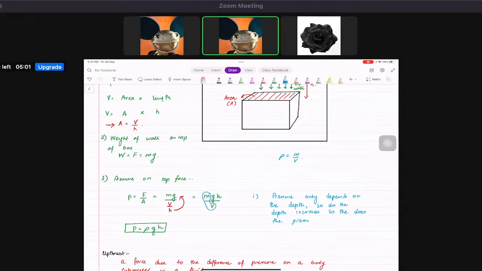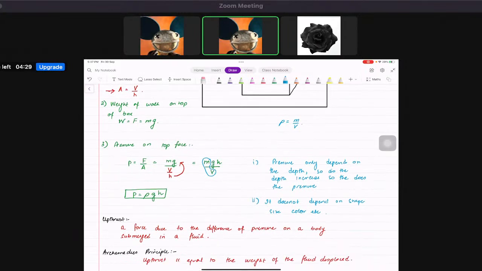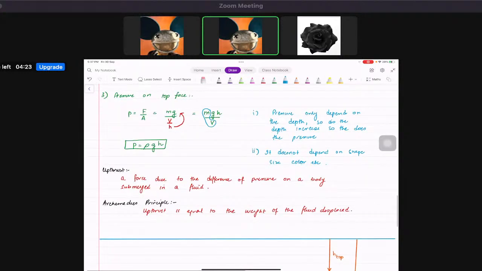However, it also depends on density and gravity, but when we're talking about the same fluid like water or gas, they stay constant. But the thing we should always remember is that it does not depend on shape, size, color, etc. It doesn't really depend on anything except the depth in the same body. Of course, if you put something in a different material that has a greater density, then it would be bigger, but we're talking about the same, so it stays constant.